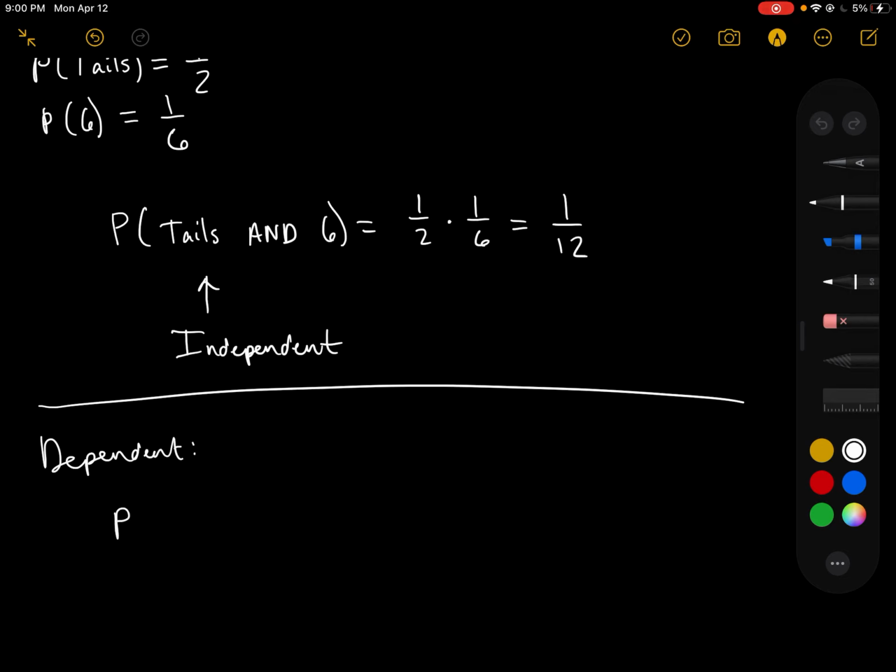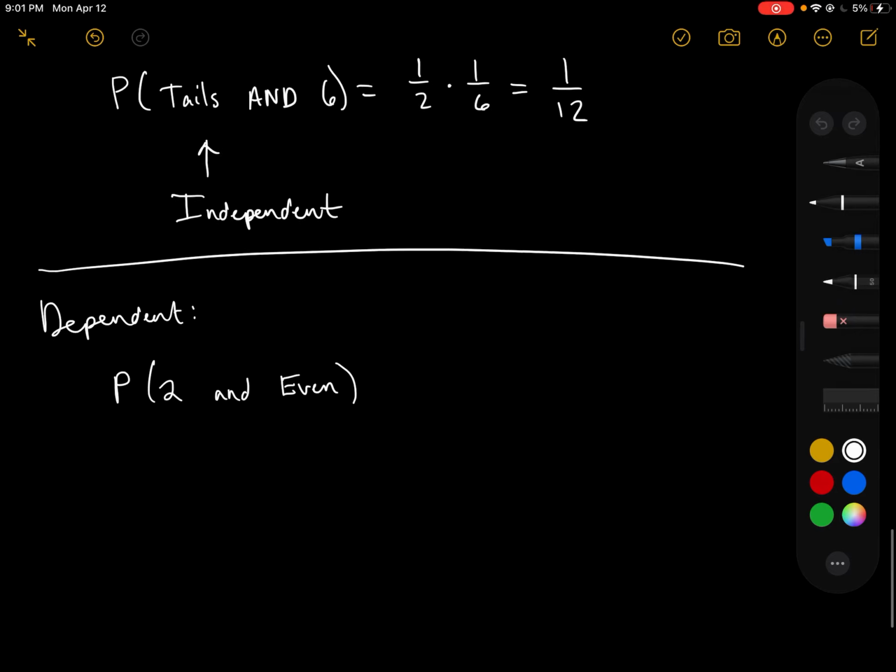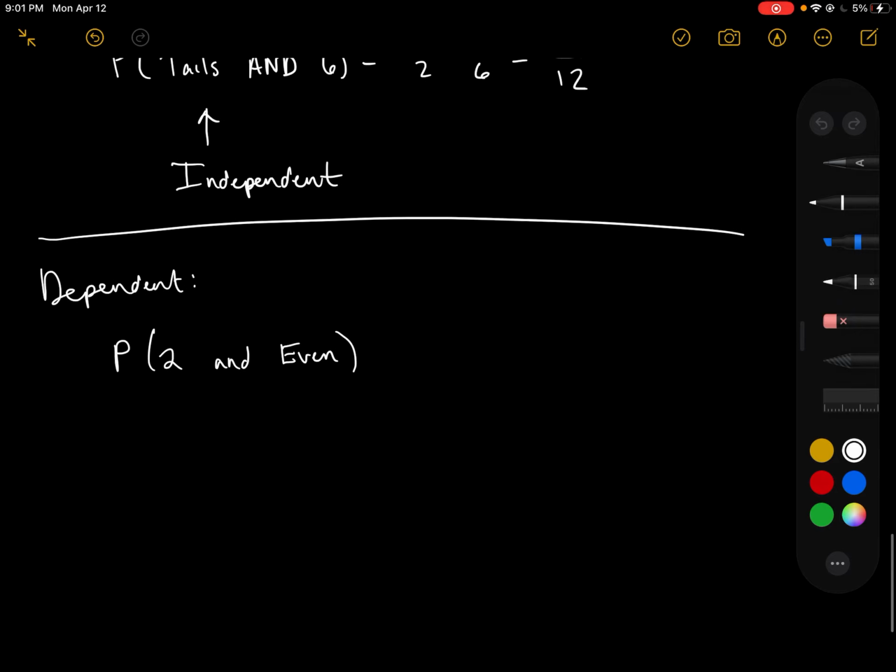We'll do one final example of some dependent events. So now, what if we are looking at the probability that we have a 2 and an even number when we are rolling a die?